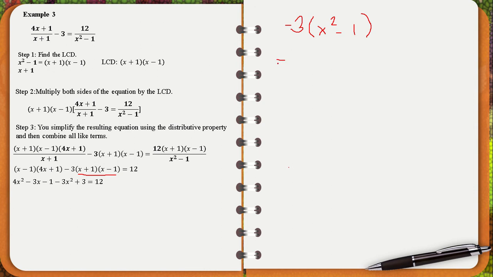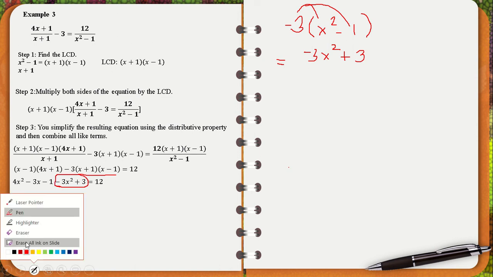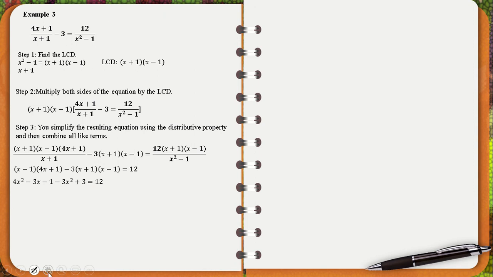Okay, so that's equal to negative 3 times x squared. Negative 3 times x squared is negative 3x squared. Negative 3 times negative 1 is positive 3. Kaya po meron tayong negative 3x squared plus 3 dito. Okay? Is equal to 12.